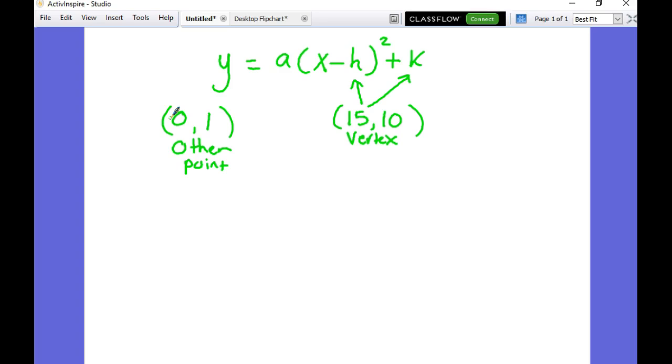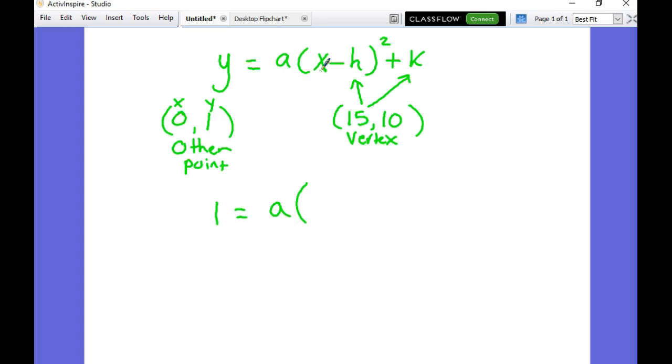For this part, you want to find your vertex, and then you need to find your A, and the way you do it is with this point. So I'll show you. Check this out. Let's label these. This is a what value? X. And what's this? We're going to plug these things in where they go. So what's the Y value here? 1. We don't know the A yet, right?